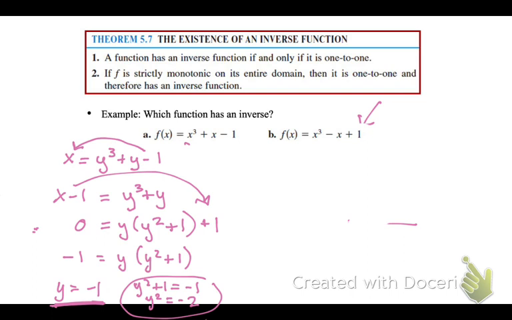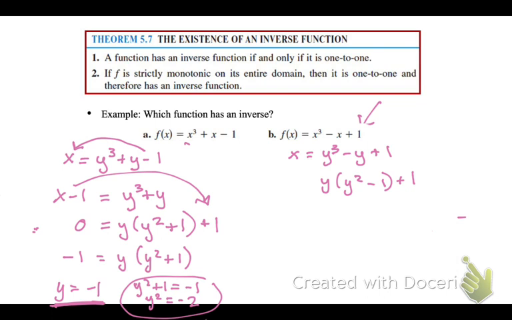Oh, it's a minus x too, isn't it? So that we had x equals y cubed minus y plus 1. So if we follow what we did before, we subtract, and so we'd have y and then y squared minus 1.